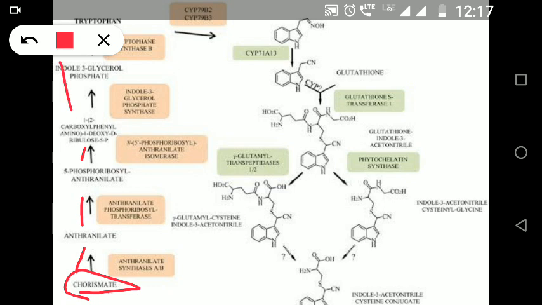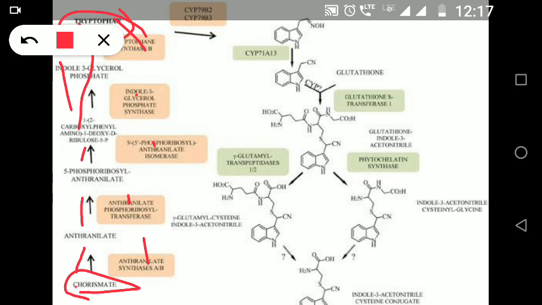All these steps take place, and finally we will get the tryptophan. So here we have 1, 2, 3, 4 and 5 enzyme activities required to convert chorismate to tryptophan.